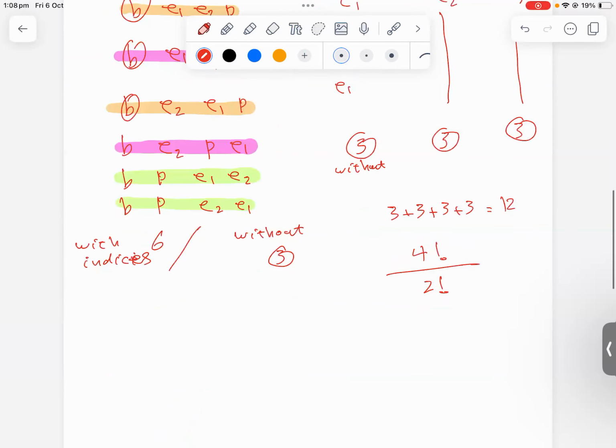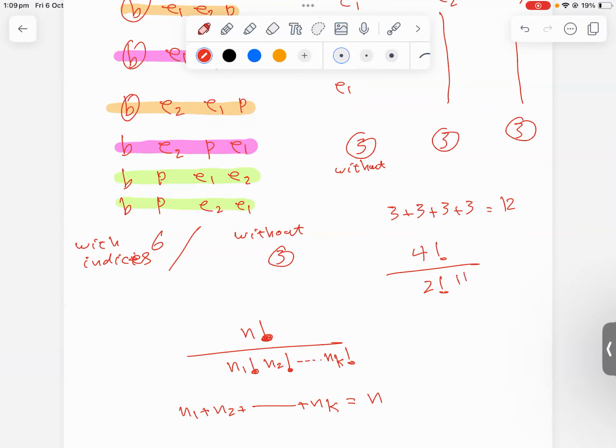So overall, we have this formula: n factorial over n1 factorial, n2 factorial, up to nk factorial, where n1 plus n2 plus up to nk is n.